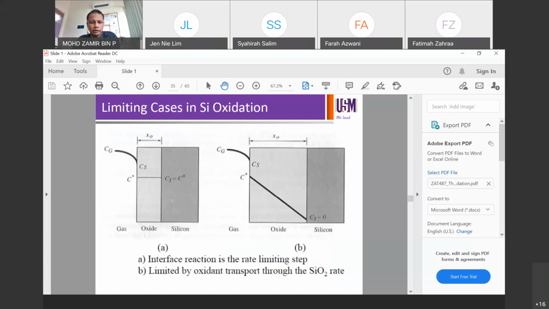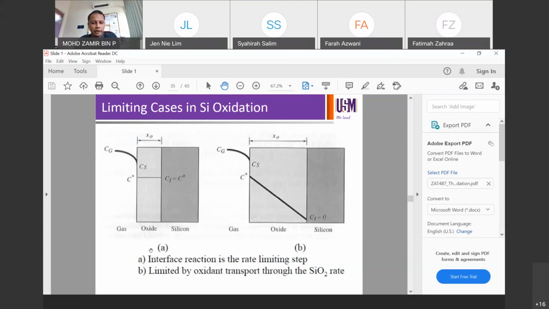The left one is the first step when you just started the reaction. You do need a still-thin oxide, just to compare thin oxide and thick oxide. Thin oxide is on the left, thick oxide is on the right. Thin oxide is when you just started the process. Thick oxide is when you are already into the process.